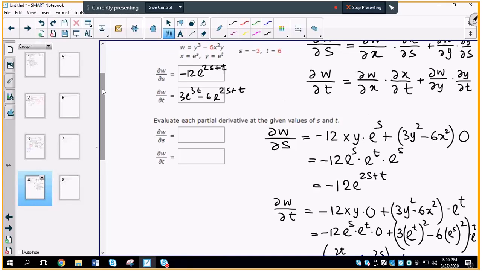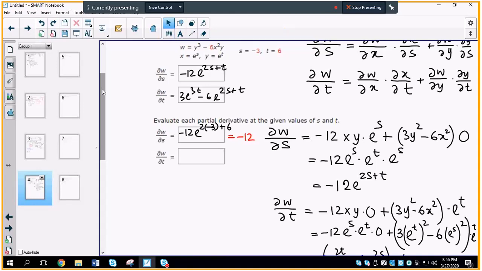So for the first one, you will get -12 e to the power 2 times -3 plus t, which itself is 6. So if I look at the power, it is already equal to -6 plus 6 equal to 0. E to the power 0 is 1, so I get -12.